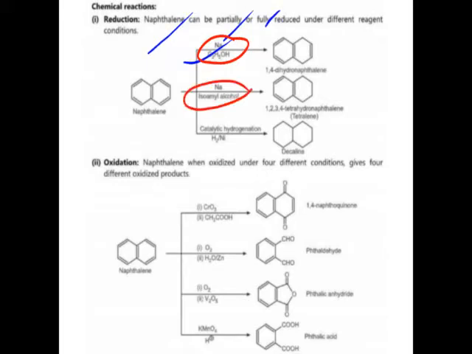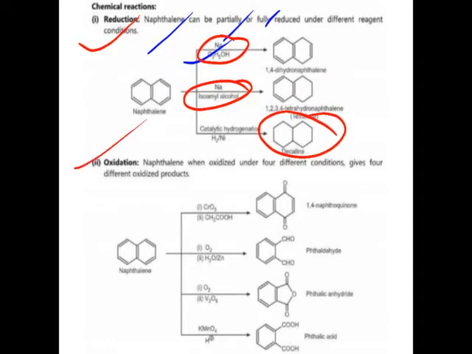In presence of sodium and homoamyl alcohol, two bonds are reduced. And in presence of catalytic hydrogenation, that is metal plus hydrogen, like nickel plus hydrogen, the complete reduction of the naphthalene takes place. Here you can observe there is not a single double bond present in the given structure. So that is the first reaction of naphthalene, that is the reduction reaction.